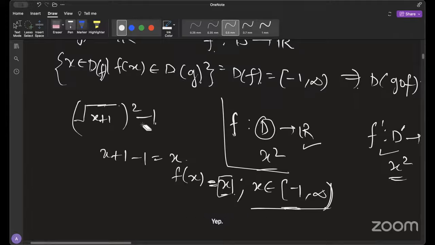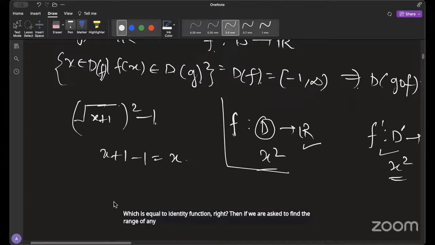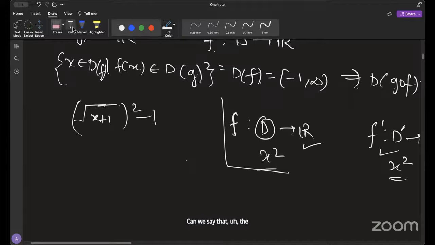What I wanted to ask was, I have verified that GOF is equal to FOG, which is equal to the identity function. Then if we are asked to find the range of f(x), can we say that the domain of g(x) will be equal to the range of f(x)?